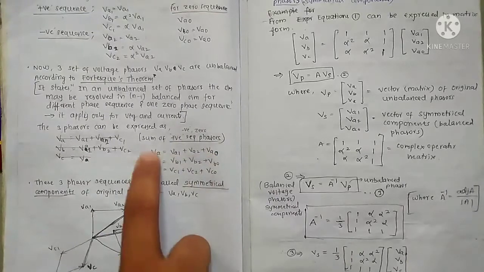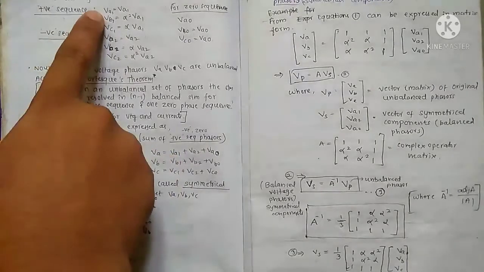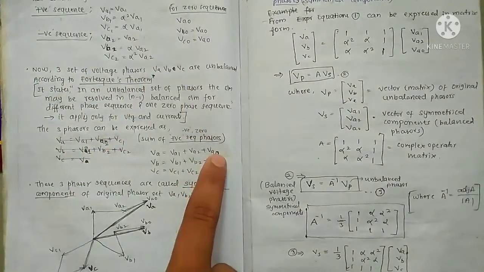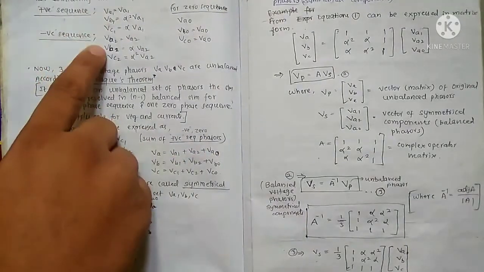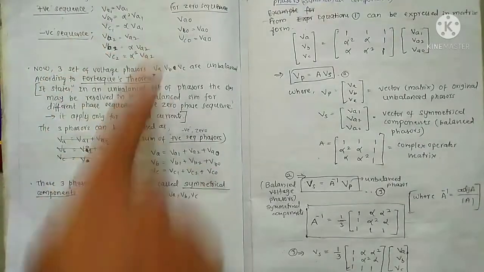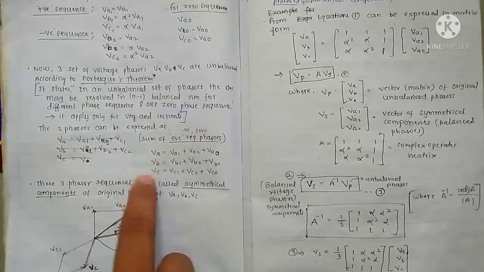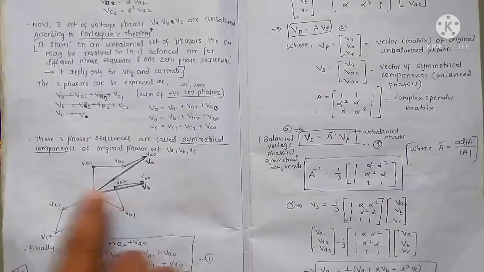The unbalanced VA, VB, VC are the sum of the positive, negative and zero sequence components: VA1, VA2, VA0, then VB1, VB2, VB0, and for VC, VC1, VC2, VC0. Now combining all these, we will draw the vector diagram.